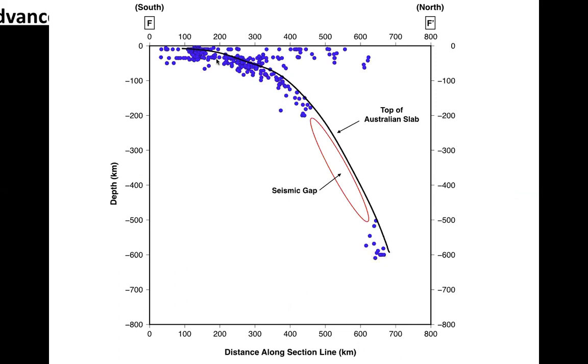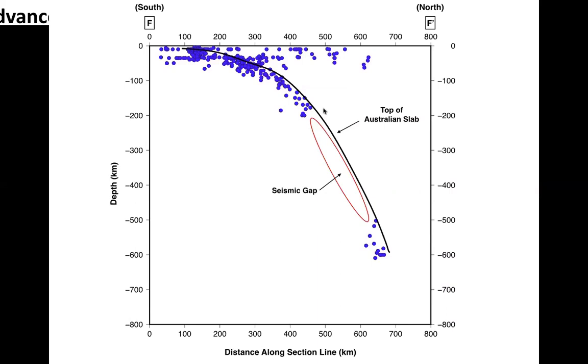So geometrical models show that the slab is likely still present here. So what exactly is going on at this location? At this region in eastern Java, seismic tomography has proposed that slab tear and a large hole within the slab is the reason for this seismic gap, rather than it being just an aseismic section.